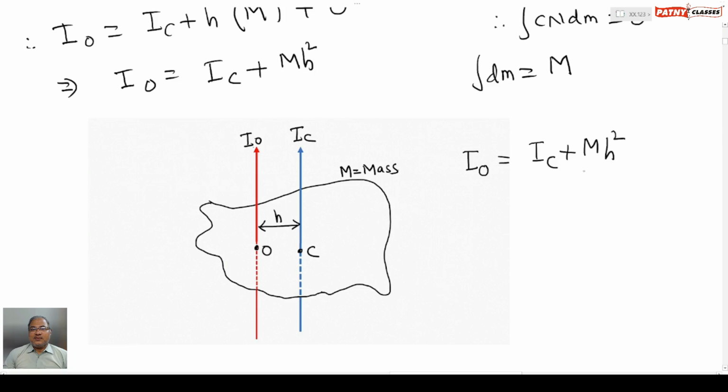Then I naught equals IC plus MH square. This expression is nothing but the mathematical form of the parallel axis theorem.